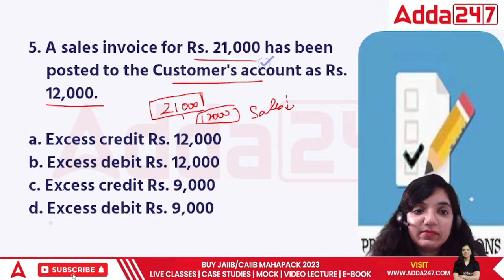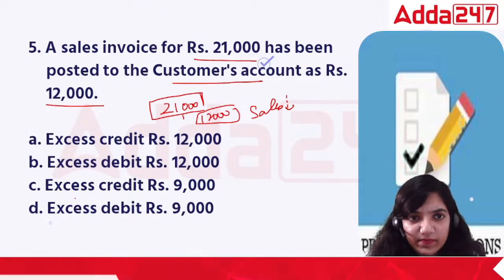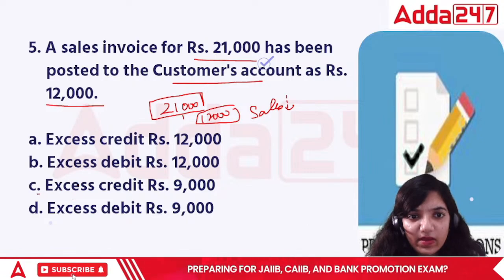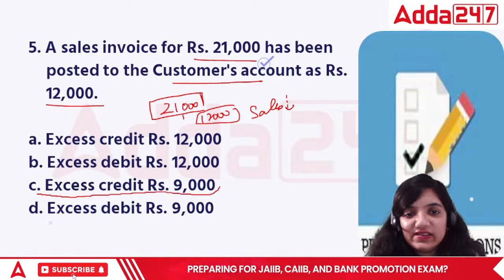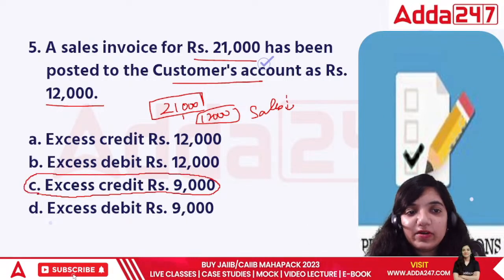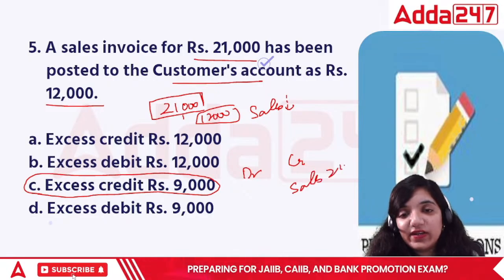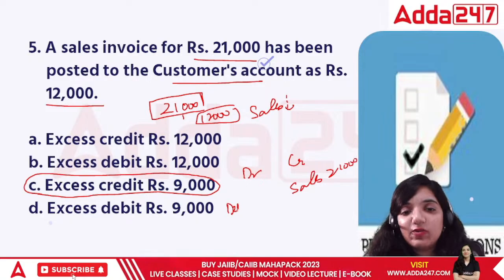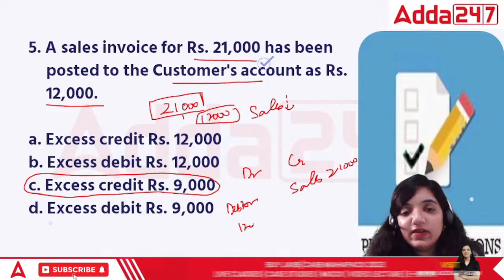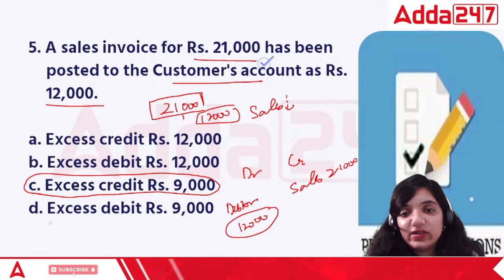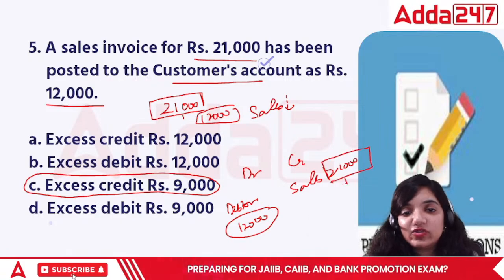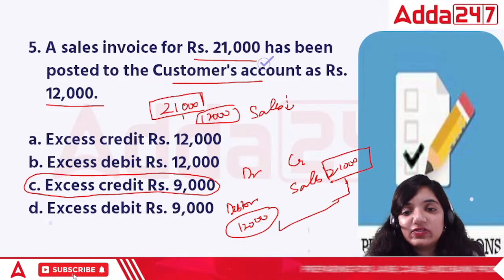So if my credit side is less, that means in this case, I'll have to show it more. So in this case my sales is shown more, while for the particular person, see, in this case there are two elements, debit and credit. Sales is noted as 21,000 while the person in whose account we are noting, that debtor, we are noting it at 12,000. So 21 minus 12.